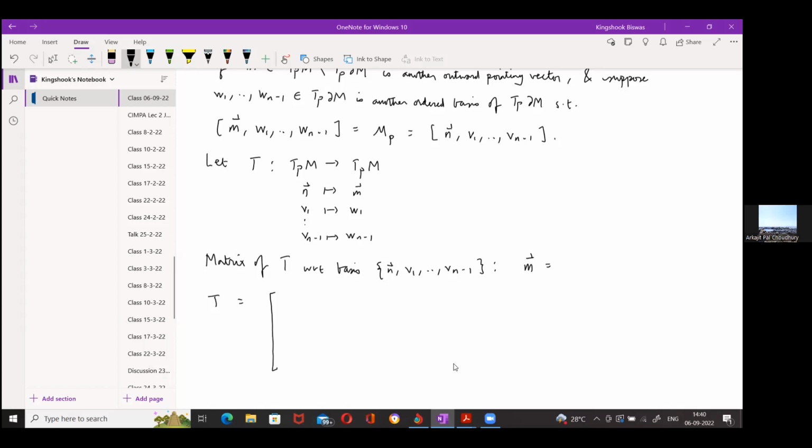So this is going to be some lambda n plus the summation i goes from 1 to n minus 1 of alpha i vi, where lambda is positive, because m is also outward pointing.